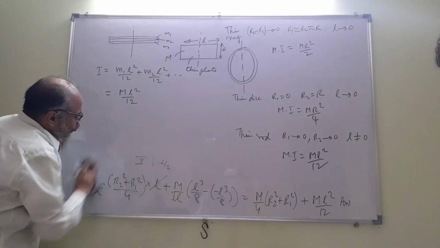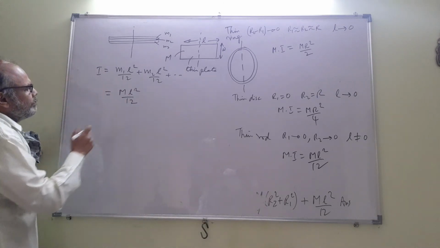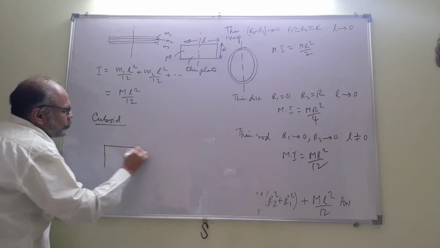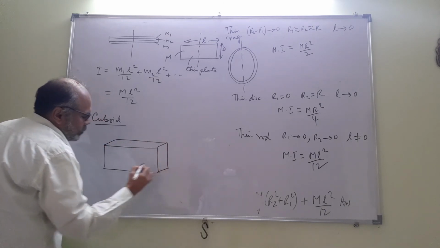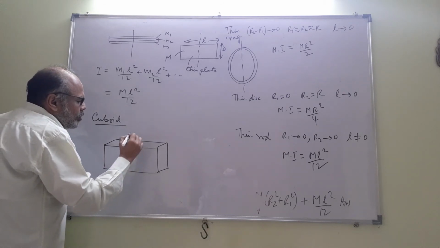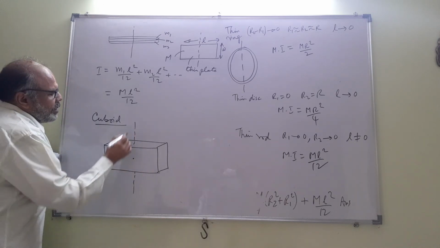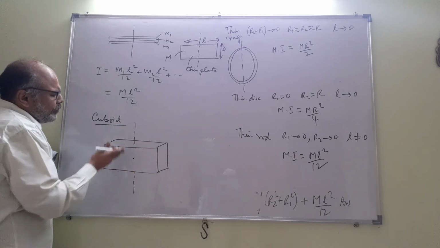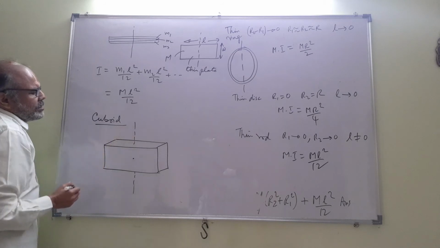Now let us take a cuboid. Let us say we have a cuboid, and we would like to find the moment of inertia about an axis passing through the center and perpendicular to two of the parallel faces.